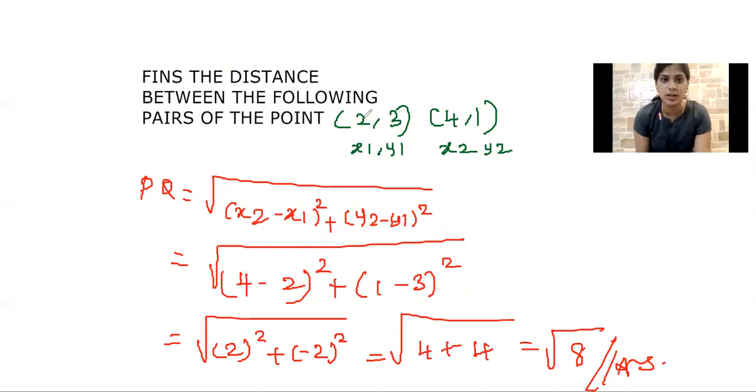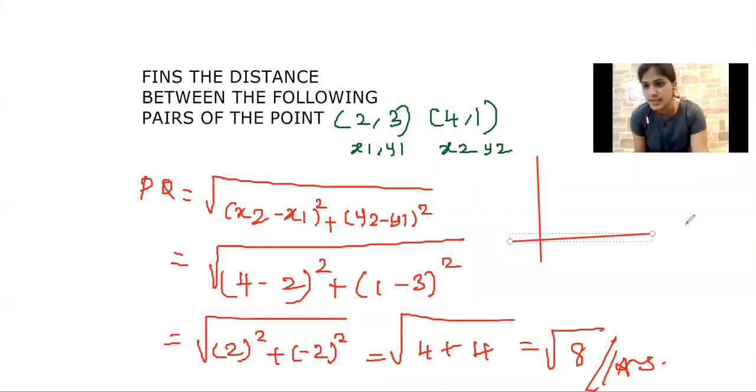So now I'm going to depict this on the graph and we'll check. We take any two axes. Let me assume these as x and y. So you have to mark 2, 3, which is x1 and y1, and 4, 1. Let me take the graph with 1, 2, 3, 4, like here as well, 1, 2, 3, 4.